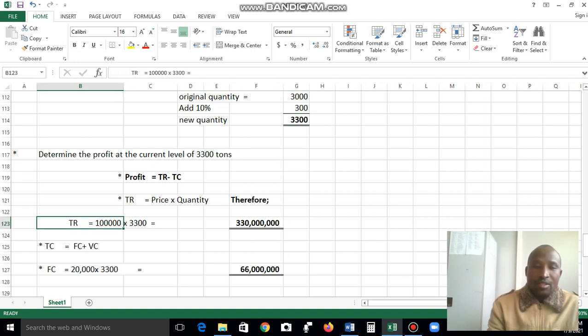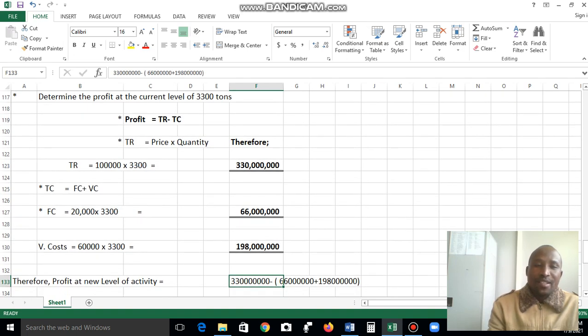Here the total revenue is 100,000, which was the selling price per unit, times the new quantity 3,300. Then our new total revenue will be 330 million. After determining the total revenue, we want to know the total cost. Total costs are equivalent to fixed costs plus variable costs.